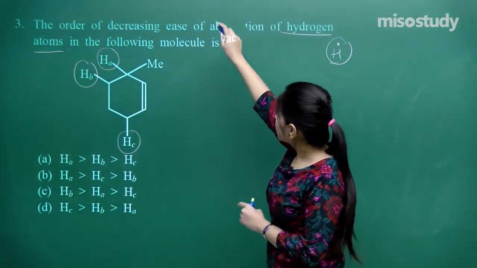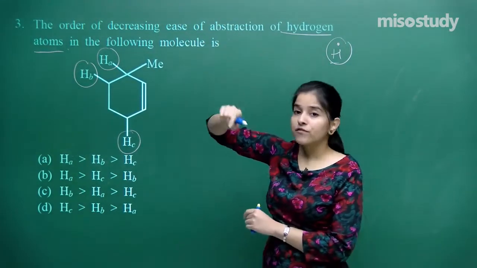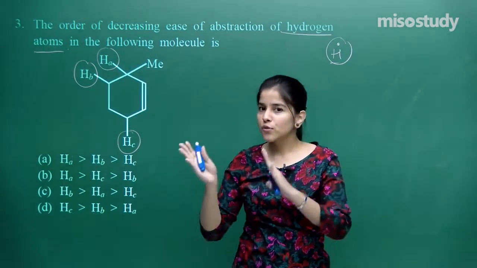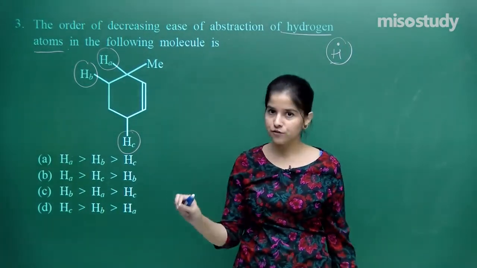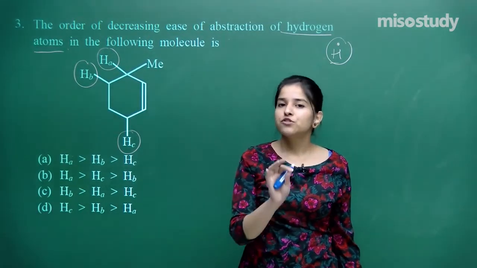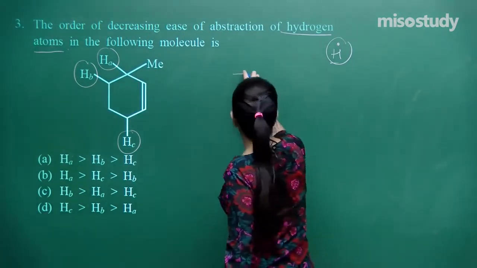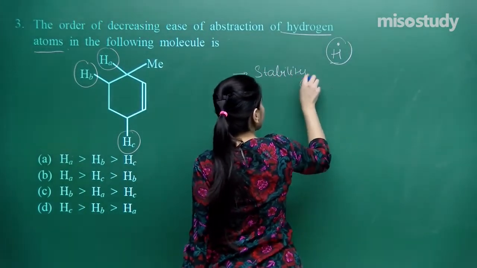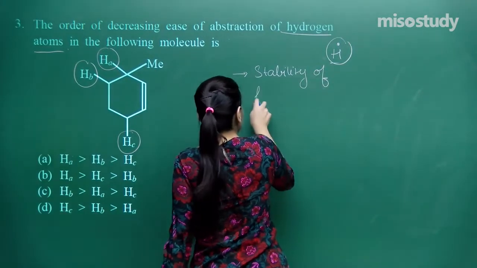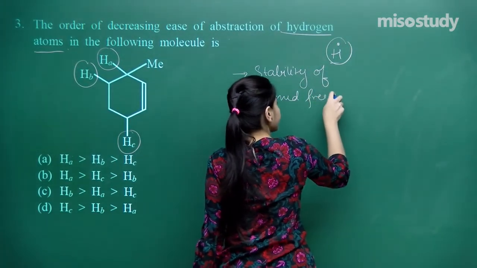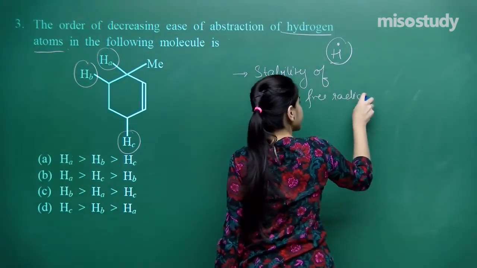So they are actually finding out the ease of abstraction, how easily they can be abstracted. So ease of abstraction is always correlated with the formation of free radical and its stability. So we need to check the stability of formed free radical. So that is what we need to check over here.